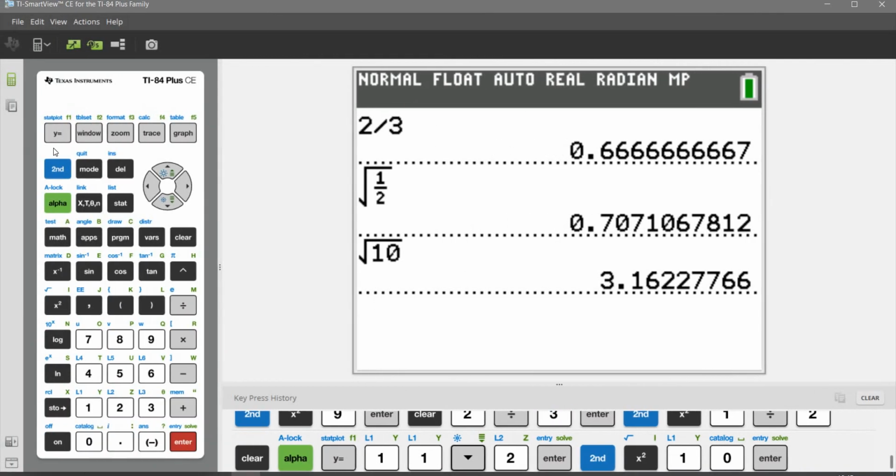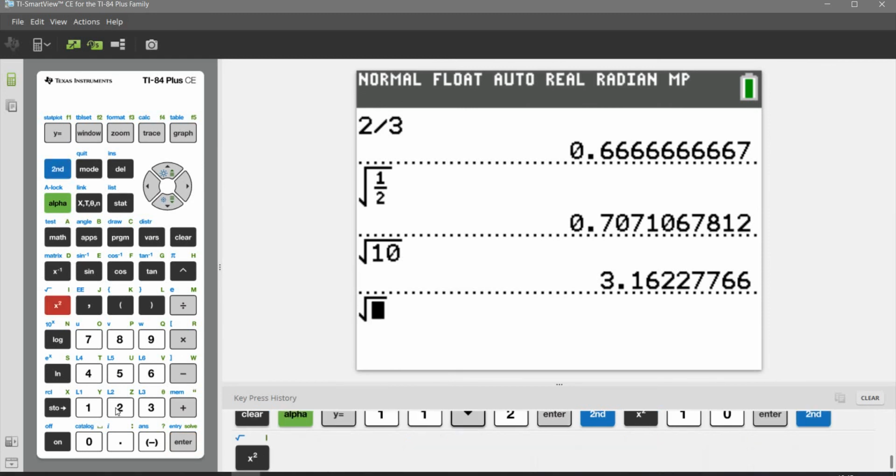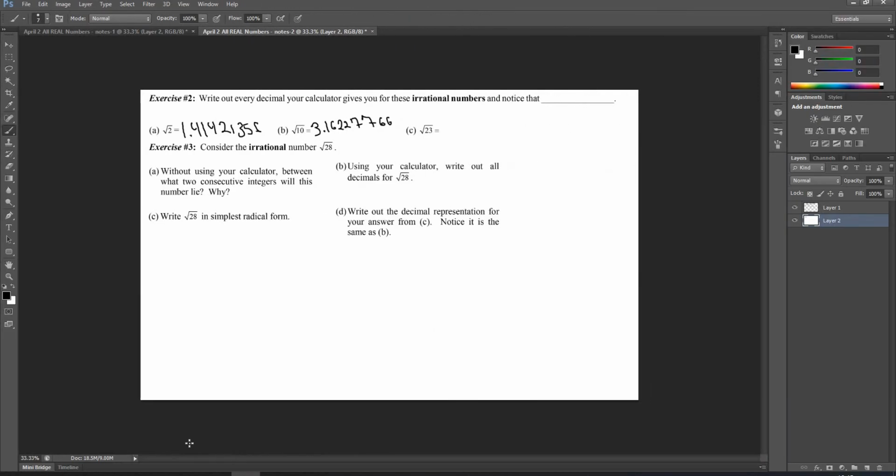And then we can go check the square root of 23. Square root of 23 was 4.7958. Spaced that out a little too much. 3, 1, 5, 2, 3.